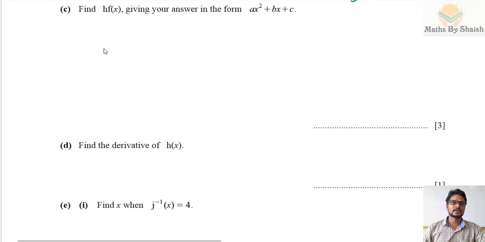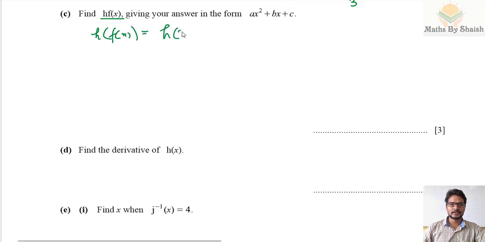Now here's the next part. Find h of f of x, giving your answer in the form a times x squared plus bx plus c. So h of f of x, and f(x) is 3x minus 2.